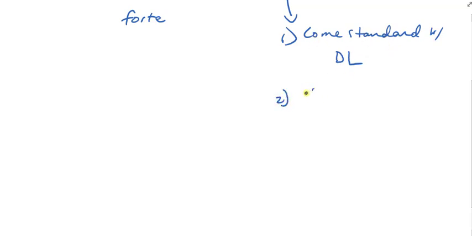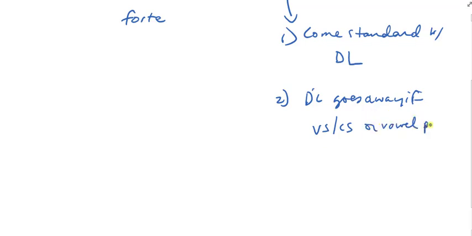Number two, dagesh lene goes away if vocal shava or compound shava, those are both vocal, right? Vocal shavas and compound shavas are vocal. If those or a vowel precedes that begad kafat letter.